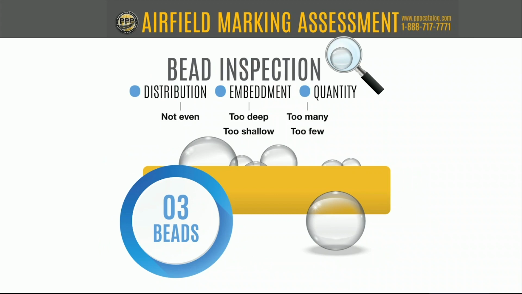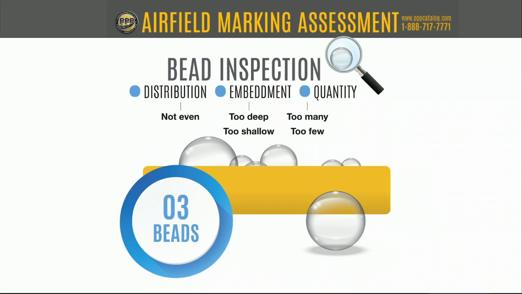And if it's too shallow, it will minimize reflectivity. It might show a yellow as white, and those beads are going to roll out eventually, and especially if you're using the expensive Type 3 beads, that's going to be a bummer because you're going to lose some money there. So, retroreflectivity and the safety. Bead embedment is super important. I think Mike's going to talk a little bit more on the importance of that.